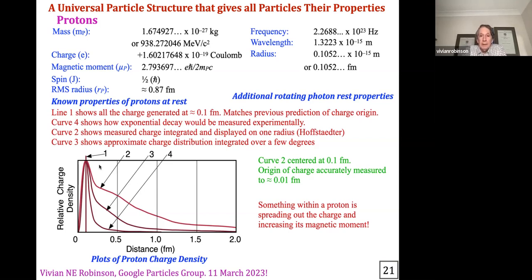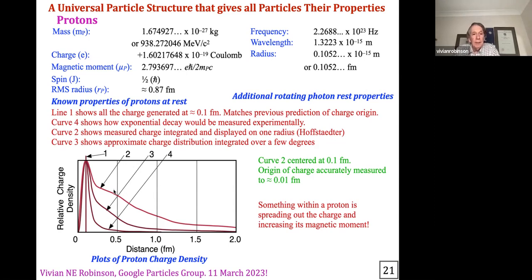Now, I suggest that that is a very good indication that the charge generated by this mechanism has been detected to an accuracy of about 0.01 FM, because it's pretty close, within 1/10 of that distance.